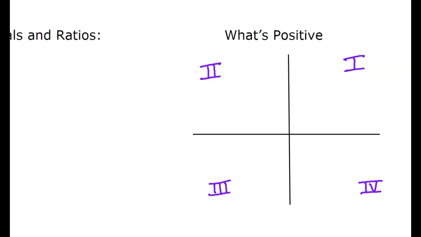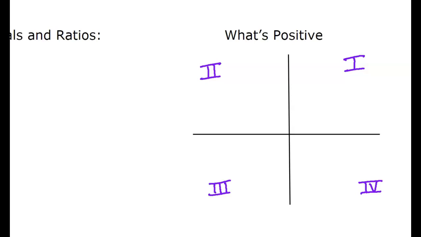Now, also good to know is which trig functions are positive. You can know which trig functions are positive in which quadrants. Depending on which quadrant you are in changes which trig functions are positive there. The way that you memorize this is an acronym.